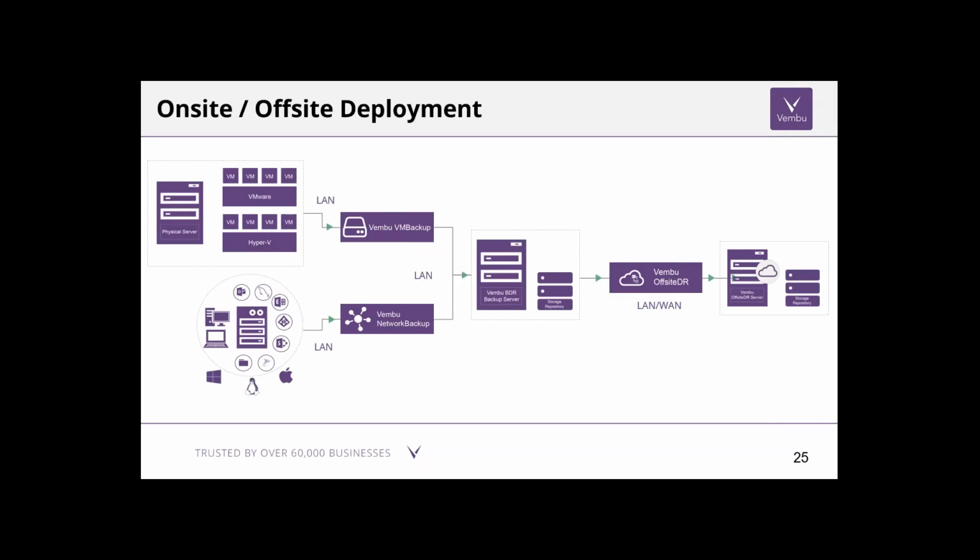Okay, this is a typical deployment scenario where you install the OffsiteDR server in your secondary site, and you back up the data from a primary storage repository to a secondary repository over LAN or WAN. It's up to you.